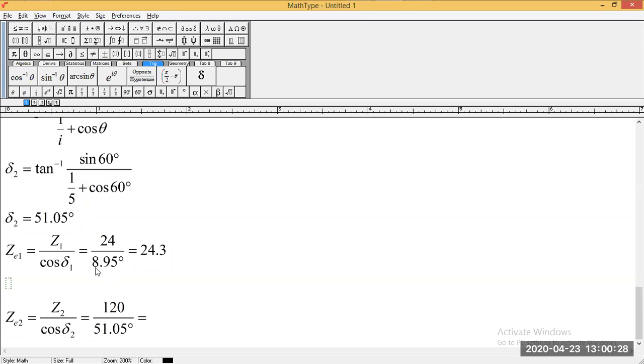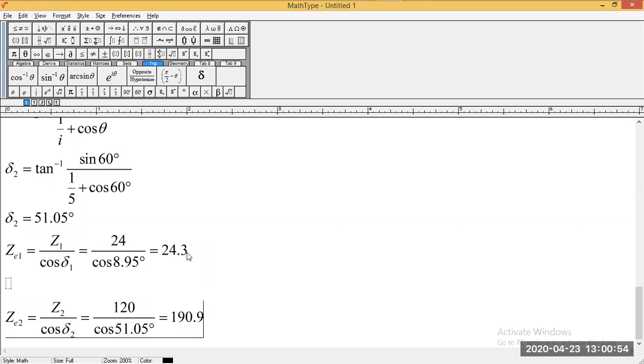And this is 120. Oh, I did not put the cos. It is 120 over cos 51.05. So this I'm getting 190.9. Let me just approximate this.